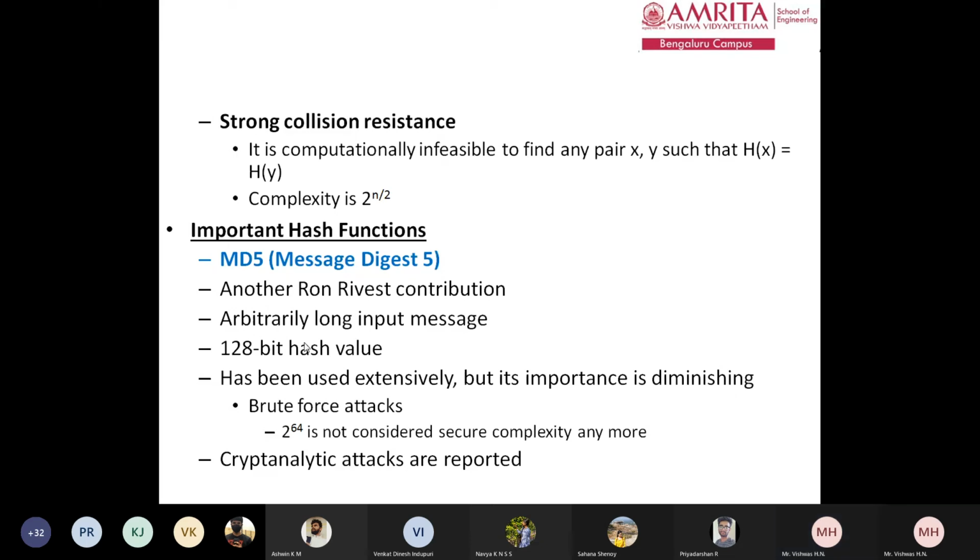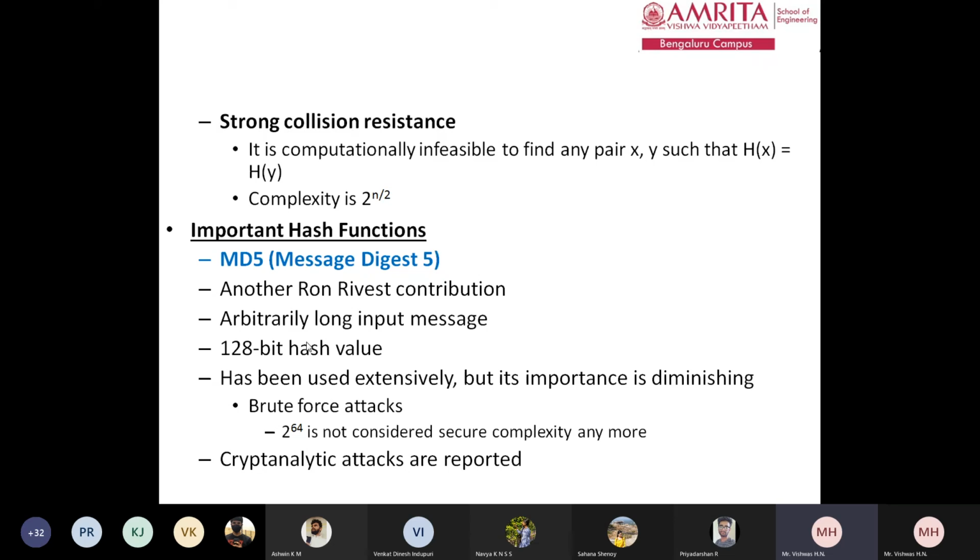So it helps with arbitrarily long input messages. It generates a 128 bit hash value and has been used extensively, but its importance is diminishing, okay, because of brute force attack.